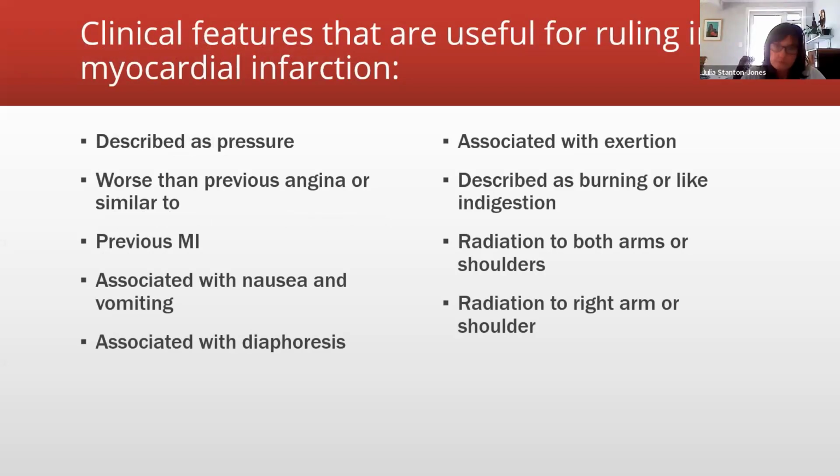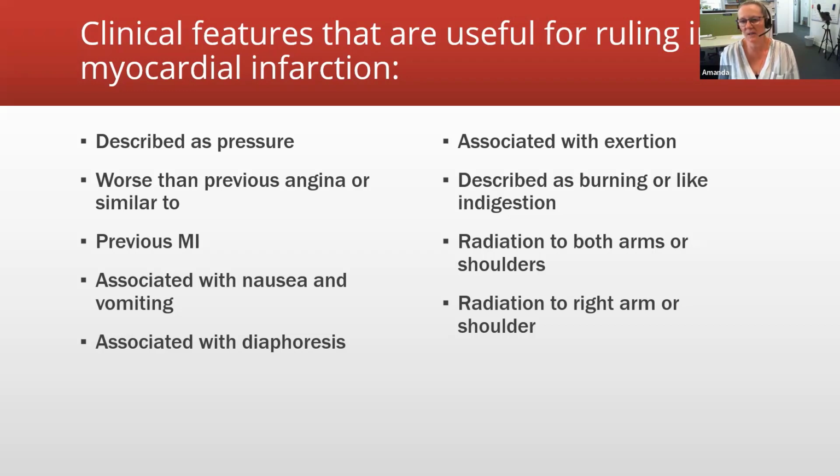So if we are trying to rule in a myocardial infarction, some really strong clinical features are that it's described as a pressure, it's worse than previous angina or similar to or the same as a previous MI. We talked about that before. Associated with nausea and vomiting, associated with diaphoresis, and associated with exertion, which can also be a symptom of exclusion. So we just need to be really careful with that.